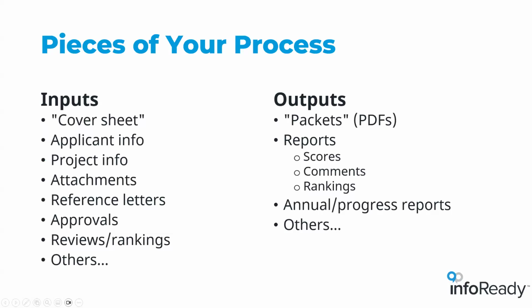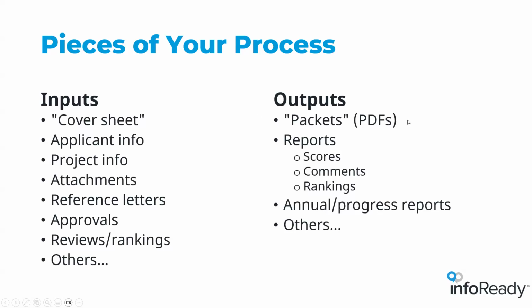So for the rest of today, what we're going to talk about is where the most common inputs and outputs live in InfoReady. As examples, things in your process that we would consider inputs would be any kind of cover sheet, certainly collecting information on your applicants or about their project, attachments, reference letters, approvals, reviews and rankings, all of that data that you gather to then make a decision about that application or form.